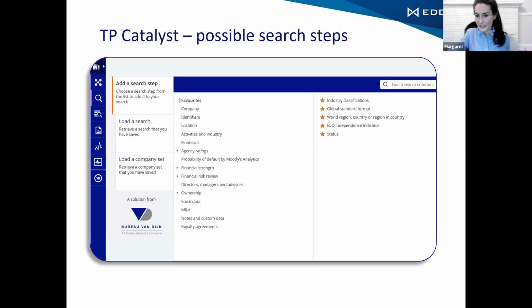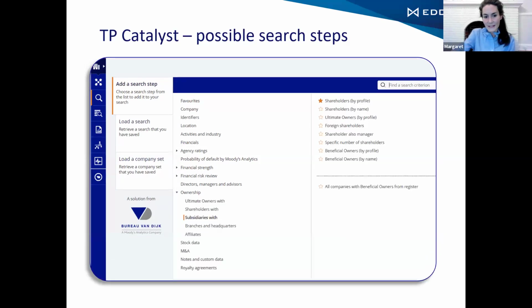Just because you will get to keep the slides, I put a couple of screenshots in of the search step process in TP Catalyst. In the big column on the left, you'll see our first level of search criteria, and then you can click into most of them and they'll either expand, or you'll see the subgroups on the right, like here.